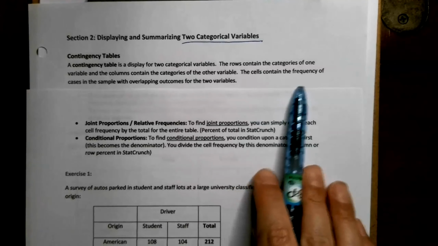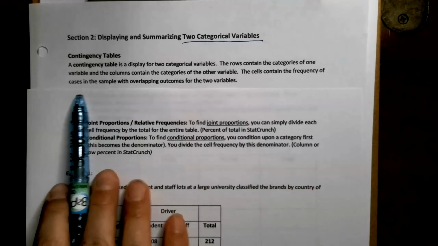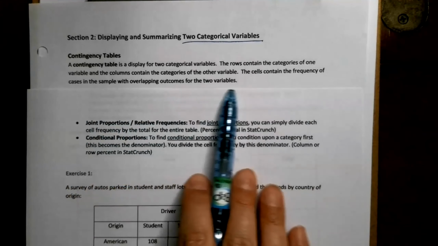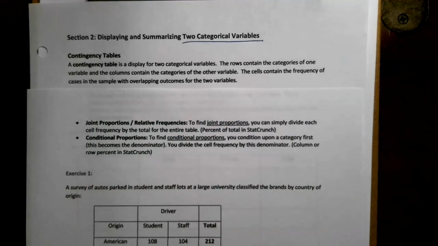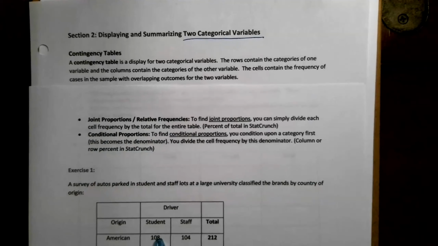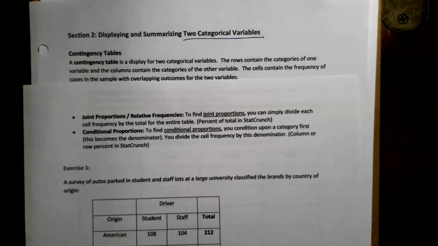The cells contain the frequency of cases in the sample with overlapping outcomes for the two variables. So, for example, this value of 108 represents the cars that are both driven by students and American at the same time.